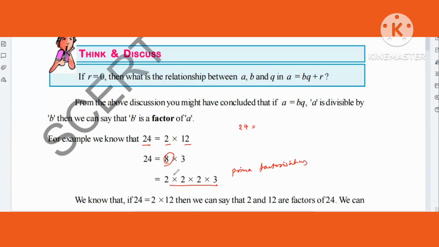Here we are using only prime numbers to express a number. You are expressing a number as a product of primes. I think you know the primes.